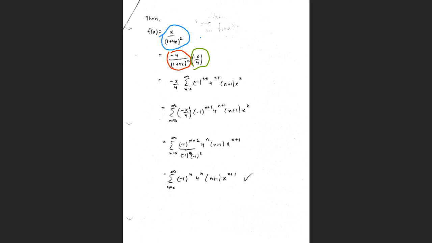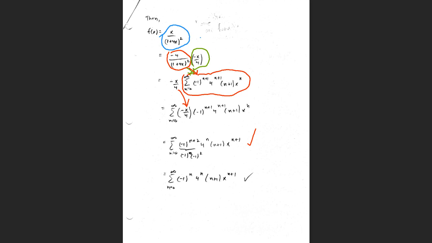And that's going to be great because I have the power series for -4 over 1 plus 4x squared. That's this power series. And now the -x over 4, I can bring that inside the power series. And then I can just simplify things and get an answer.